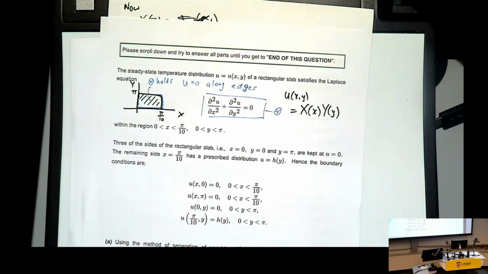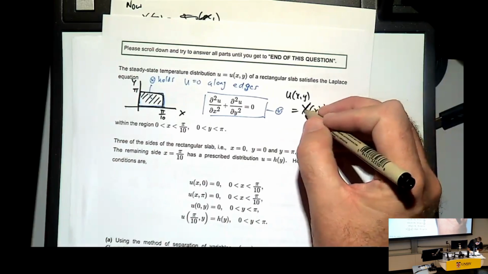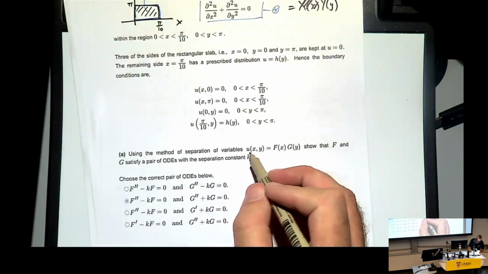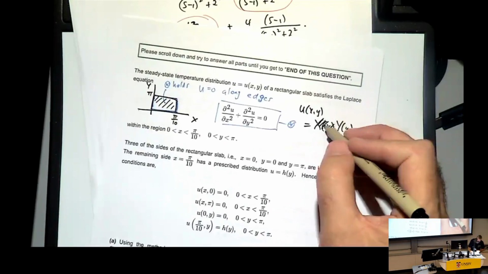Oh, no. We do something to big X and big Y. If this is a solution, oh, actually, hang on. Let's use the same notation. They've used big F and big G, so let's use that notation.